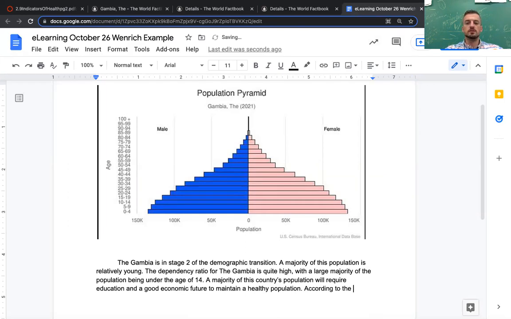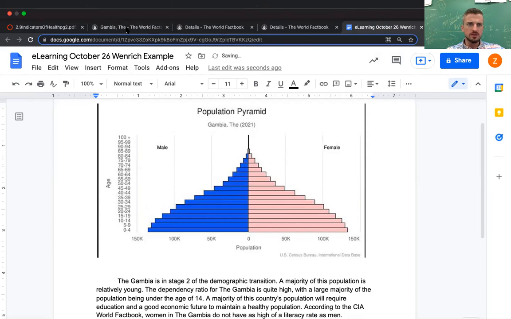According to the CIA World Factbook, women in the Gambia do not have as high of a literacy rate as men.